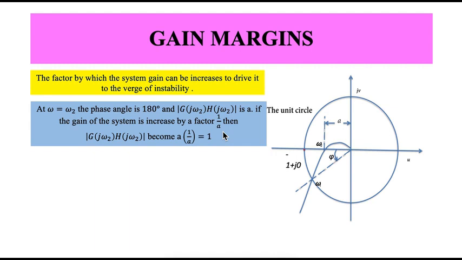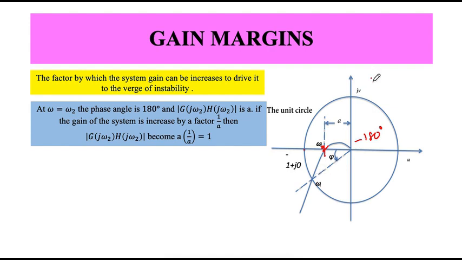So at omega equals omega 2, this is my omega 2. At this omega, what is the phase angle? The phase angle over here is minus 180 degrees, right?